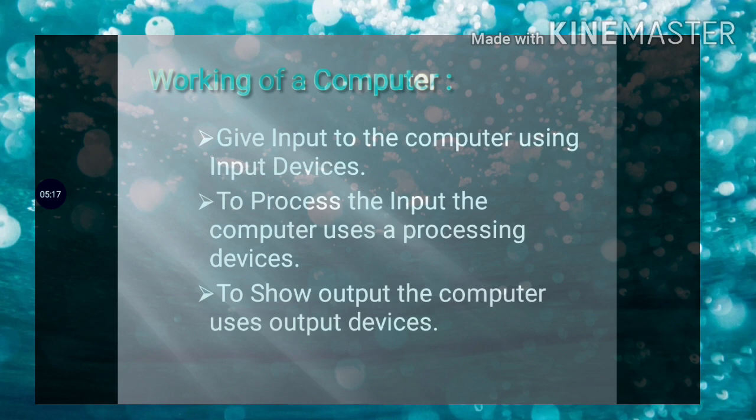Next step, to process the input, the computer uses a processing device, for example the CPU, Central Processing Unit. Inside the CPU the process is performed and the result is given as output. To show output, the computer uses output devices. What are the output devices you learned? For example, the printer; the monitor is also an output device.